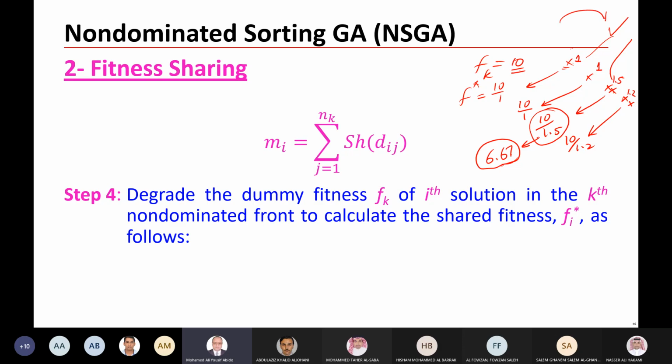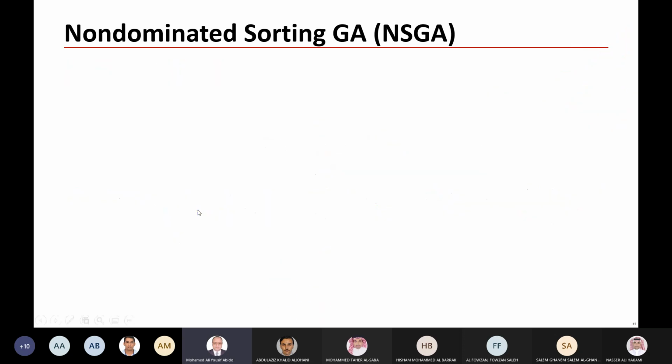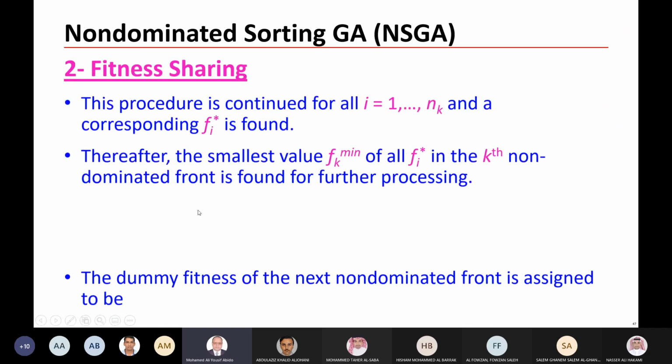So for the next front, we will start with a value lower than this. We assume that in the next front, we take the dummy fitness equal to 6, which is lower than this. And then we repeat the sharing and we divide 6 over whatever the value of the sharing. We select the minimum value and subtract epsilon and start with the next front and so on.